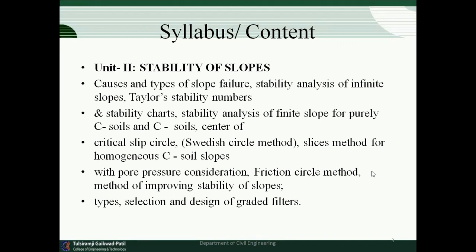What do you mean by critical slip circle? We will study the Swedish circle method, slice method and c-phi soil slopes. We are also going to study pore pressure consideration, the friction circle method and its theory, various methods of improving the stability of slope, type selection and design of graded filters.